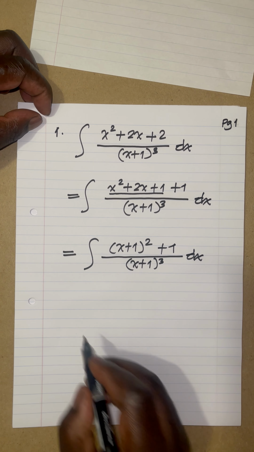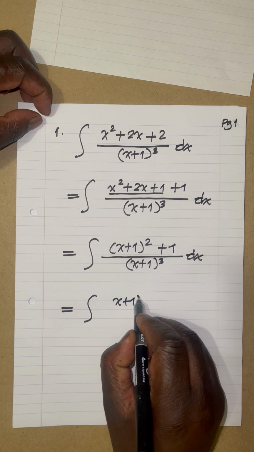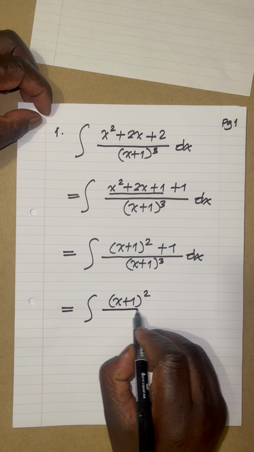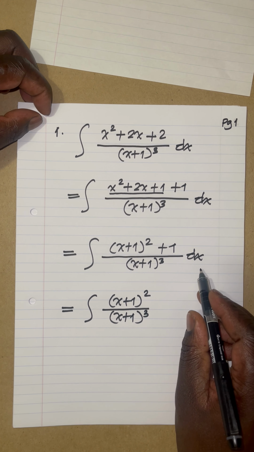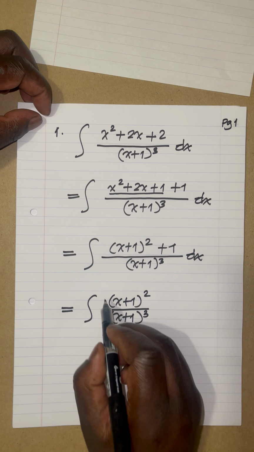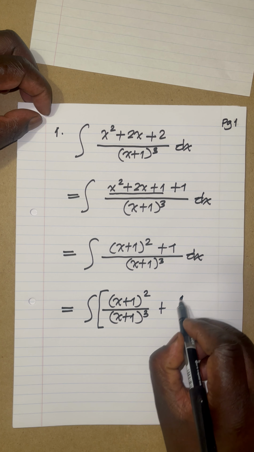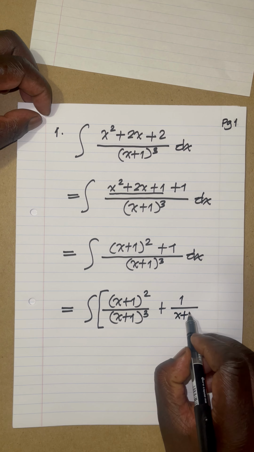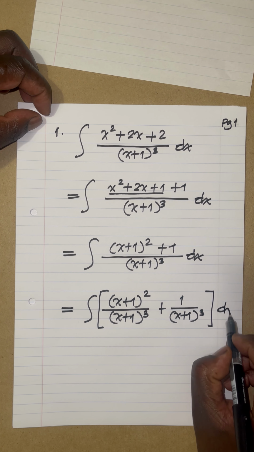Performing term-wise division, this will be equal to the integral of x plus 1 all squared divided by x plus 1 cubed, and I'm going to distribute dx later. Plus, there is 1 here, remember, 1 all over x plus 1 all cubed, and we are saying dx.